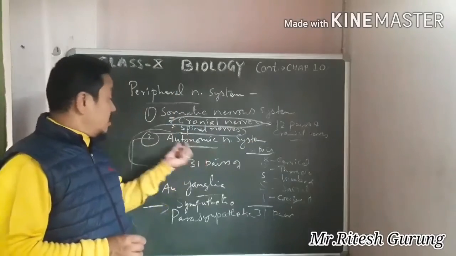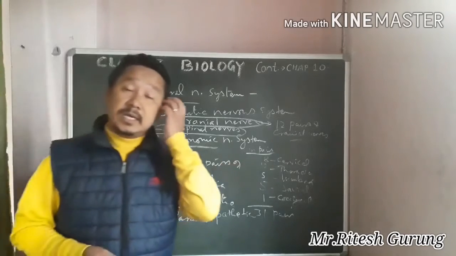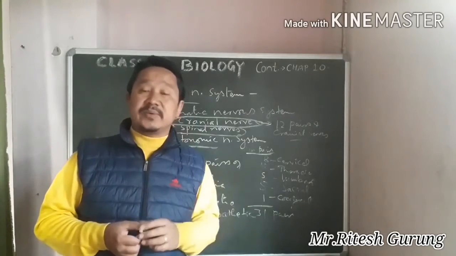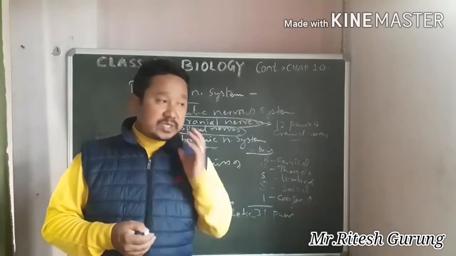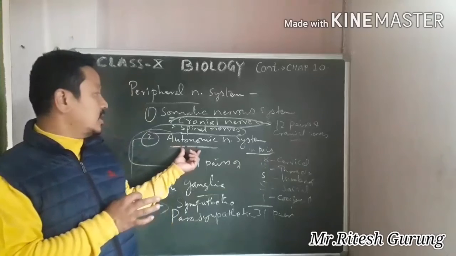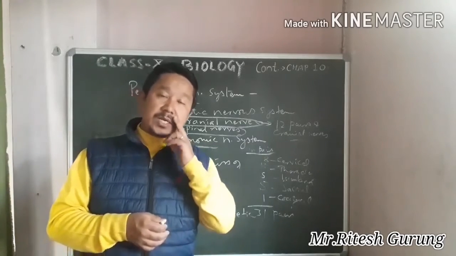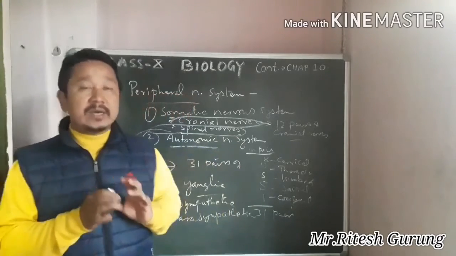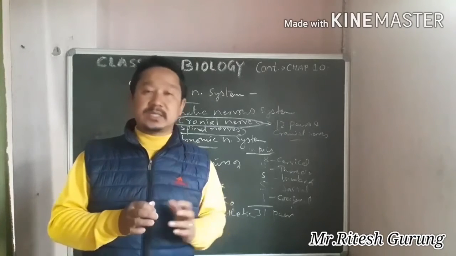This autonomic nervous system is highly influenced by emotions, such as anger, grief, fear, sexual stimulations. These emotions highly influence this autonomic nervous system. So if you are emotional for quite a long period of time, it may affect some other parts of the body.